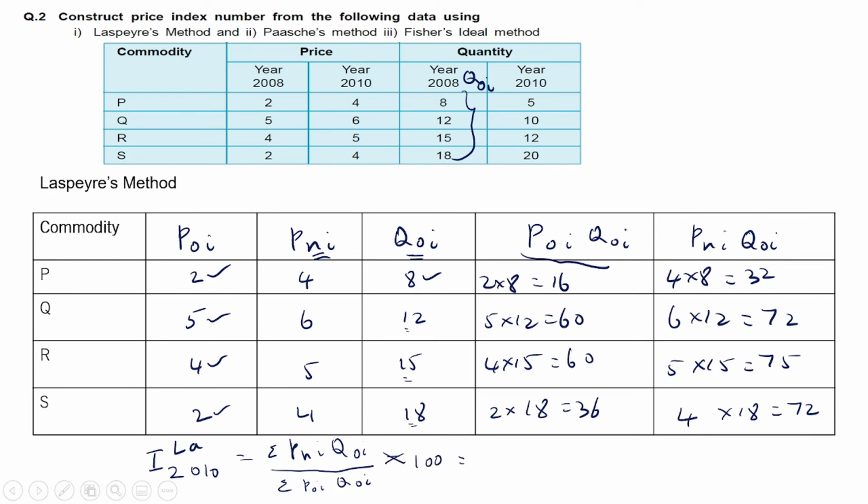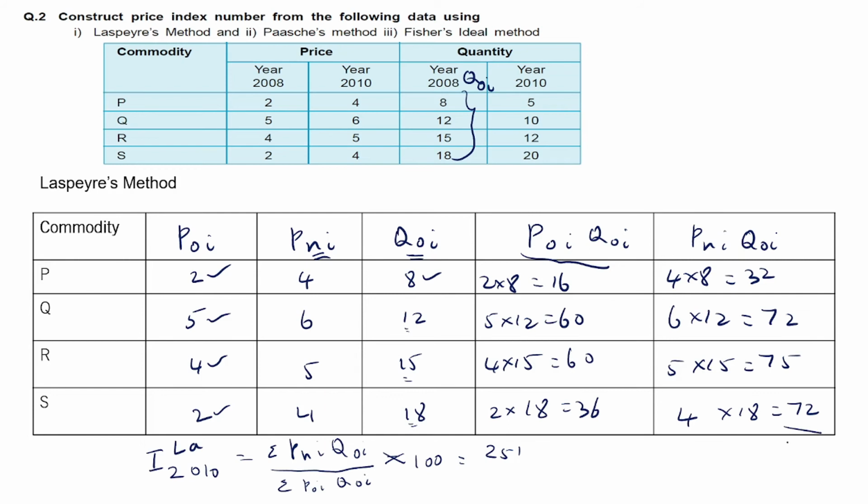Now we have to add all these. So 32 plus 72 plus 75 plus 72 is 251.